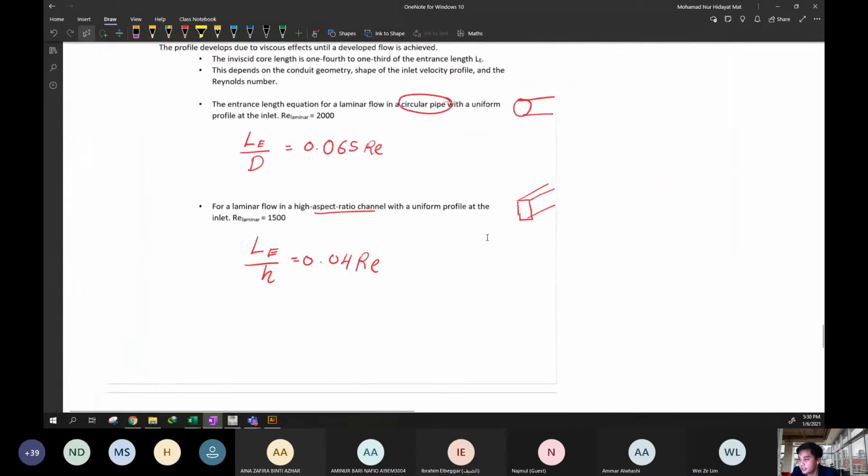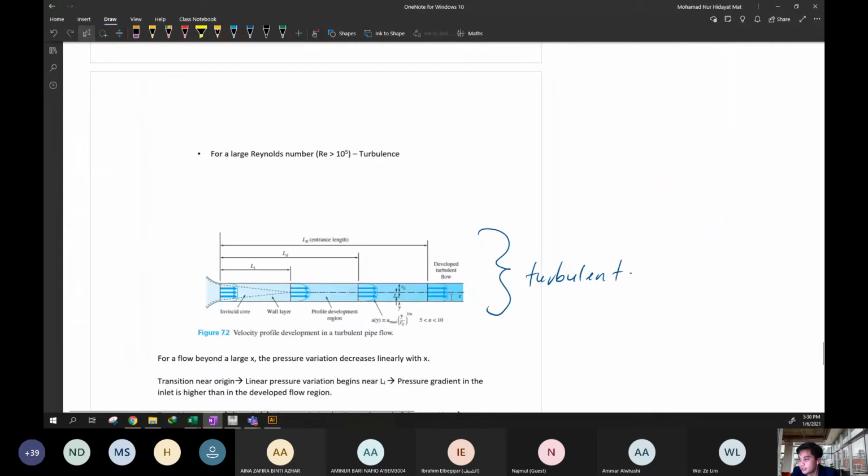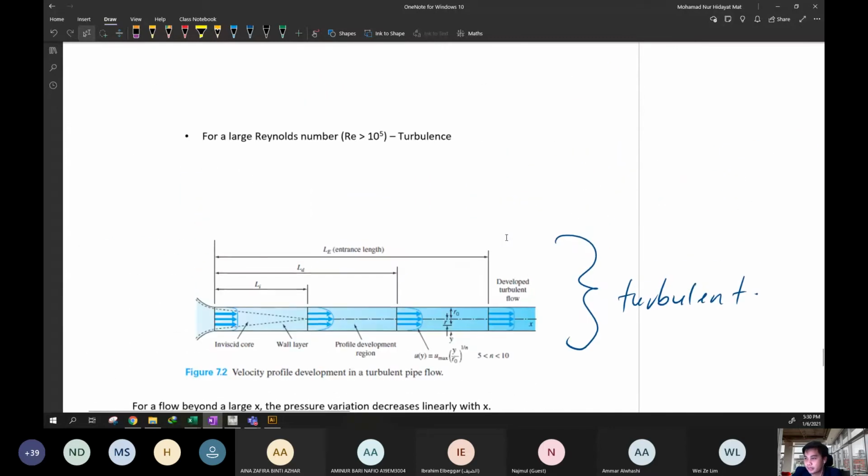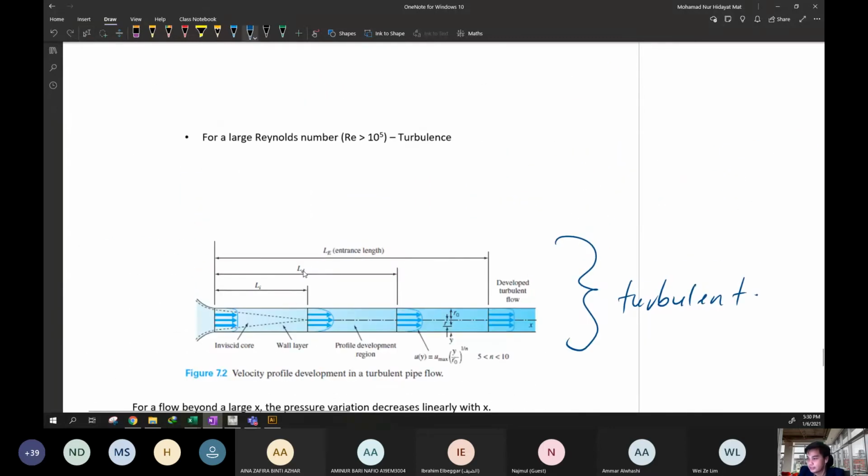For the turbulent developed flow, this is the profile. So how to get these parameters, how to get Li, how to get LD, how to get Le? Simply, the equation is, for Li, we are going to use the dimensionless quantity as well: Li over D is roughly equal to 10.